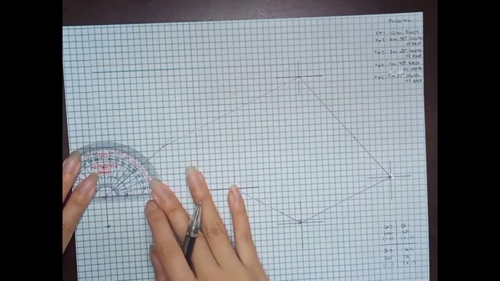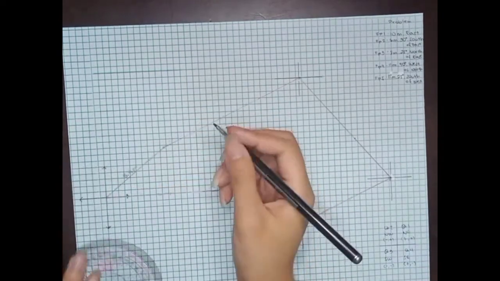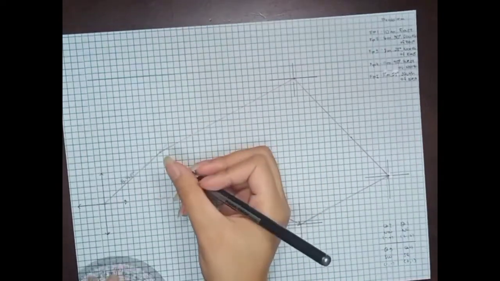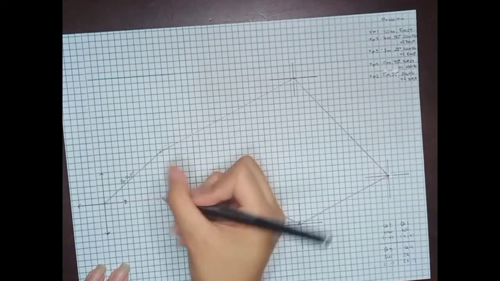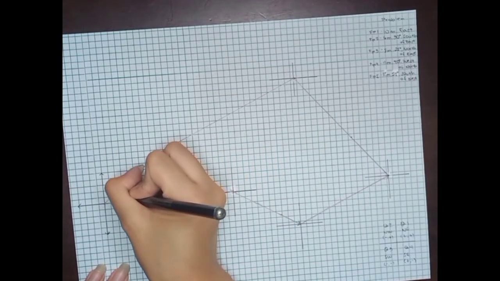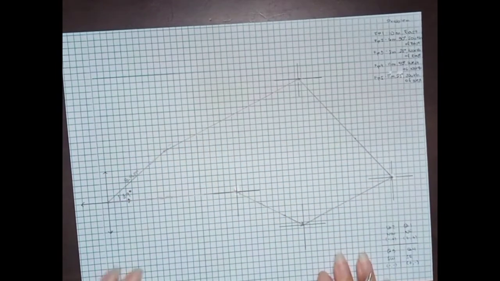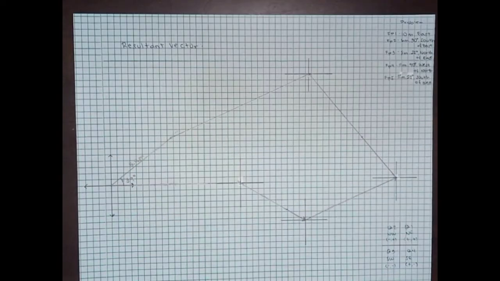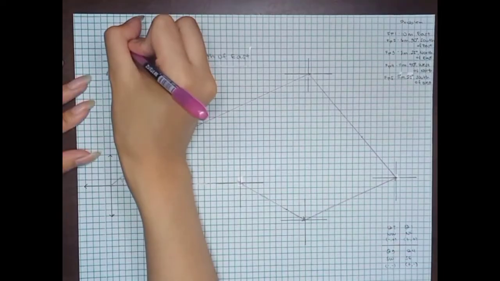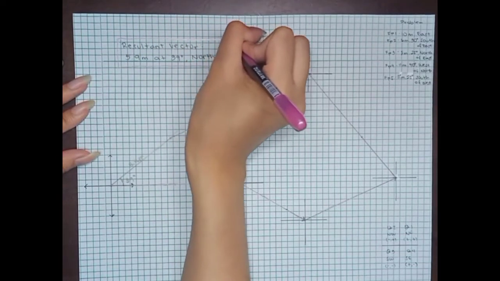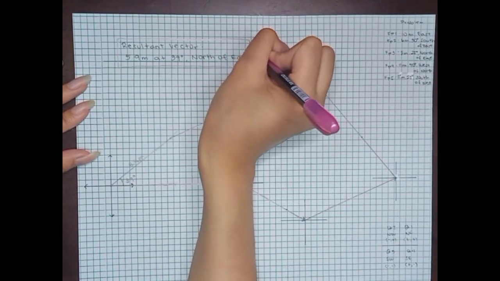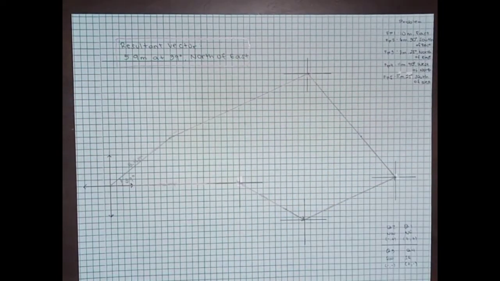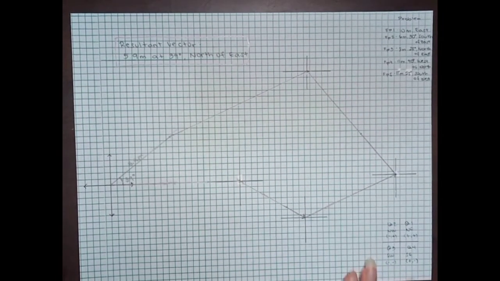Then we will use the protractor to find the final angle, so the angle is 39 degrees. To find the direction, see in the graph which quadrant the line we used to connect to the last vector is in. The direction is north of east. We are now done solving the resultant vector for this word problem. So the final resultant vector is 5.9 meters at 39 degrees north of east.